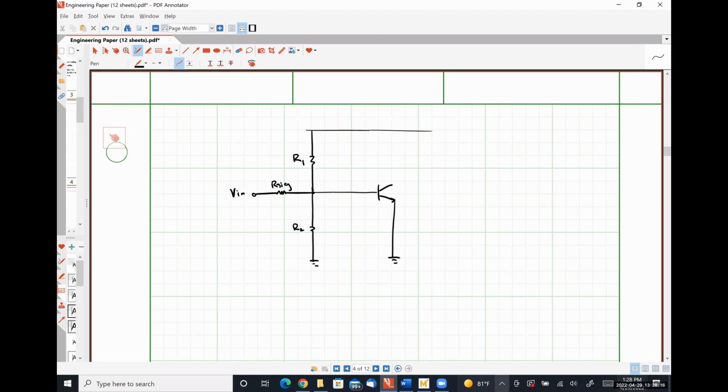So that's why we no longer have any emitter degeneration here. So here is RC. Here is RL. Here's Vout.